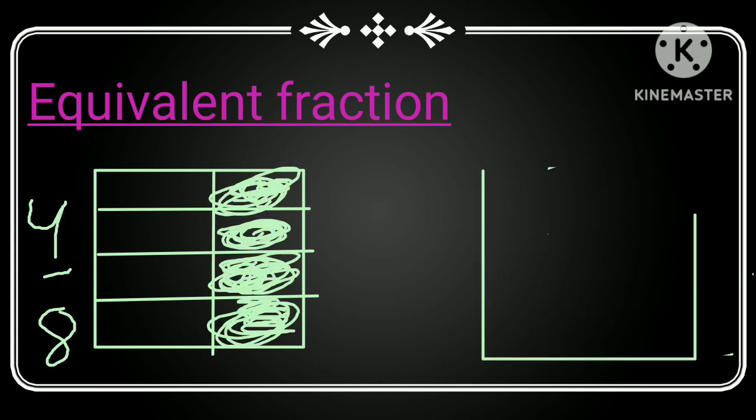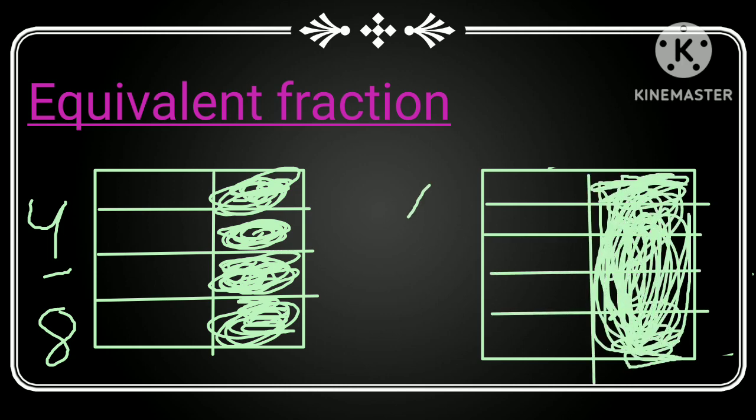Similarly, to represent 4 by 8, we take a square and divide it into 8 equal parts, and out of 8, 4 will be filled, and 5 by 10 will be represented by taking a square, dividing it into 10 equal parts, and out of 10, 5 will be filled.